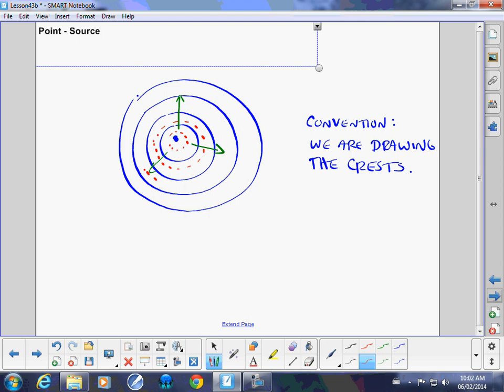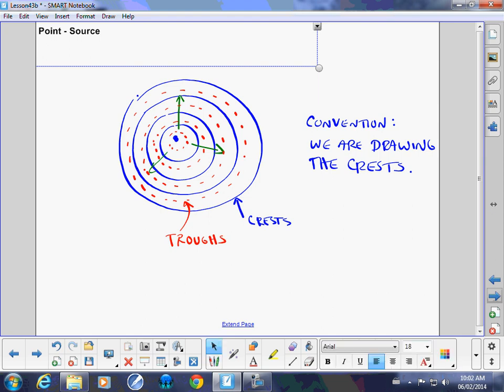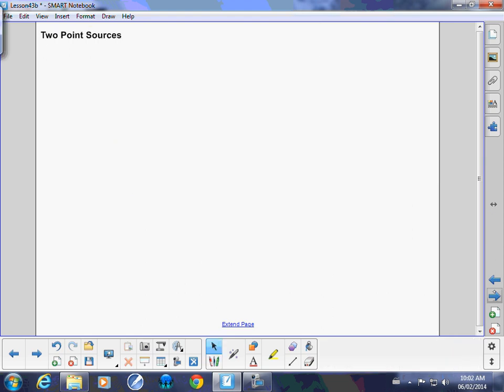So we're not going to draw these in. I'm just doing it on this first diagram so when you look back, you can remember exactly what the convention is. Troughs occur in between the crests, but we don't need to draw them in because it's an assumption. We know it's right in between. So there is our point source.